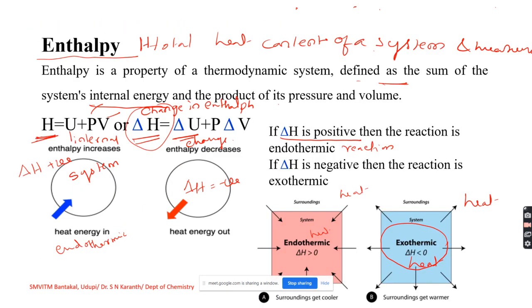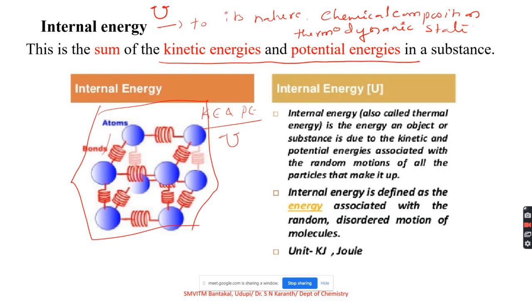Enthalpy, a thermodynamic function, is defined as the sum of the system's internal energy and the product of its pressure and volume, usually represented as H = U + PV, or ΔH, the change in enthalpy, is equal to the change in internal energy plus pressure times the change in volume. And the enthalpy depends upon the reaction. If the reaction is endothermic, enthalpy is positive. If the reaction is exothermic, enthalpy is negative.